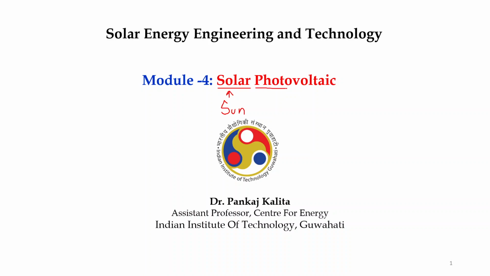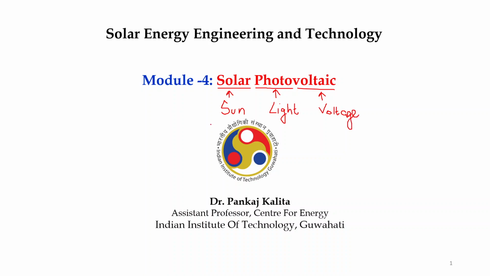Another word is photo, which means something related to light. The third word is voltaic, which is something related to voltage or electricity. That's how the word solar photovoltaic is coined.